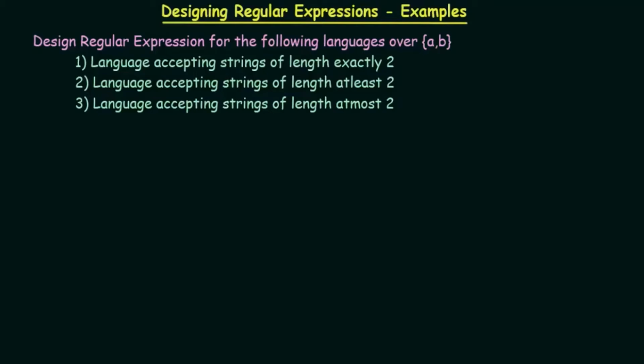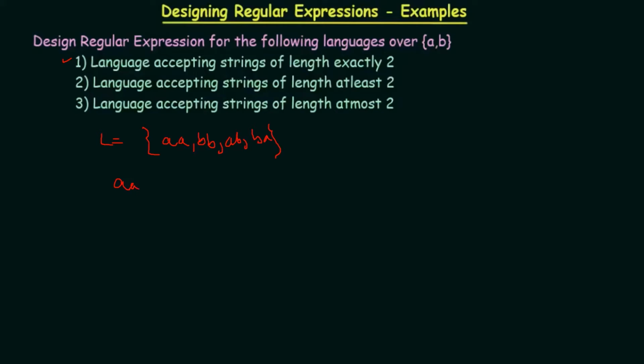First of all, you have to understand what the language of acceptance is for these three cases. So let's start with the first one. It says it should be exactly 2. So what are the possibilities? It can be AA, BB, AB, and BA. If I want to design a regular expression, it should be a union of all of them.